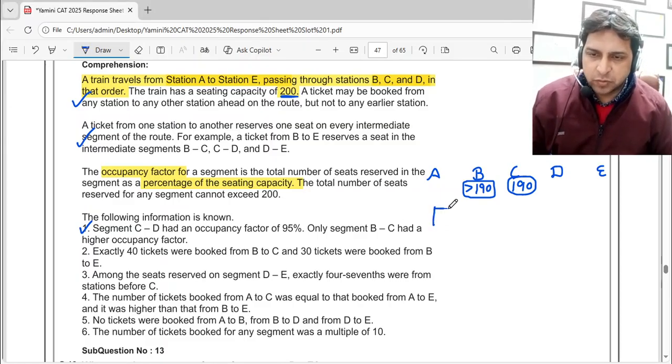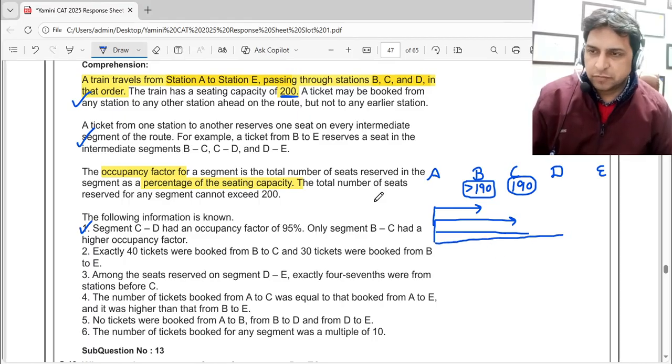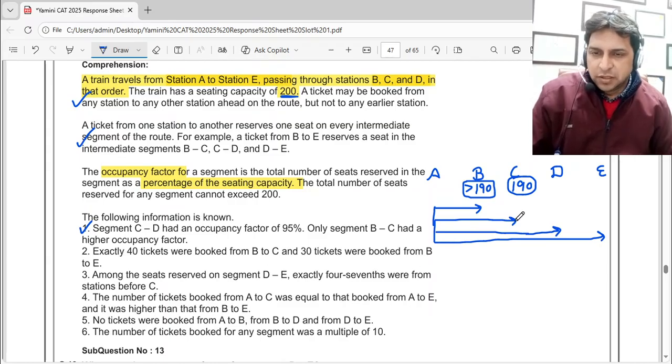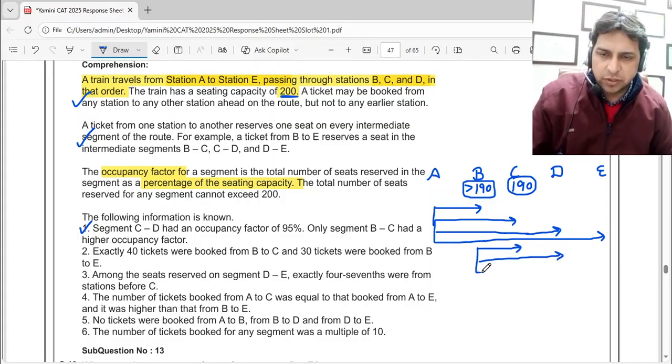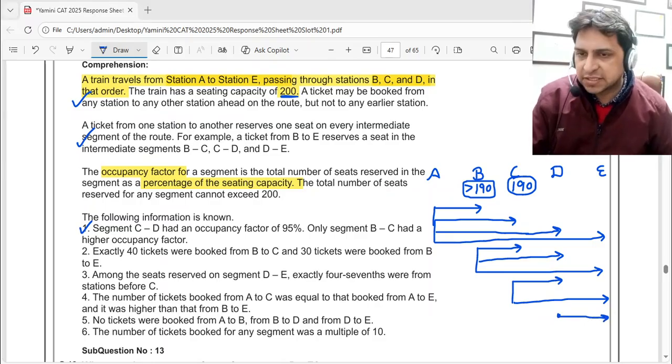From A, you can book the tickets from A to B, A to C, A to D, and A to E. Same way from B, you can book the tickets till C, B to D, and B to E. From C, you can book the ticket till D, or till E, and at D you can book the ticket till E only. So that is the combination we can write, and let's start writing in the information.